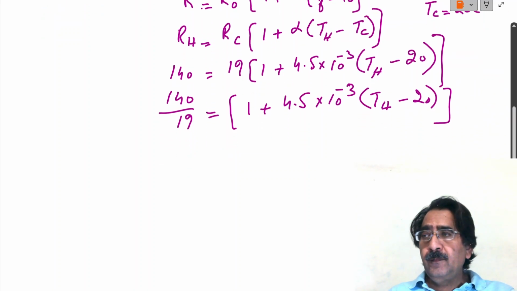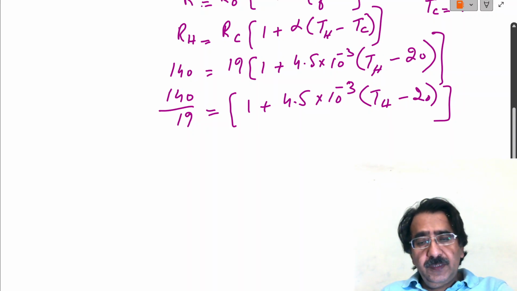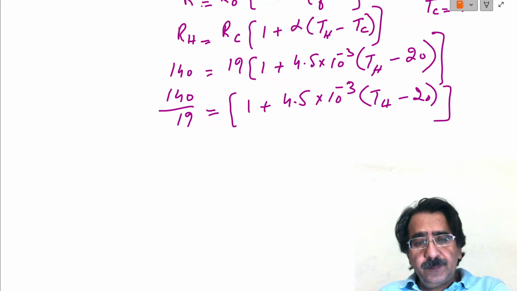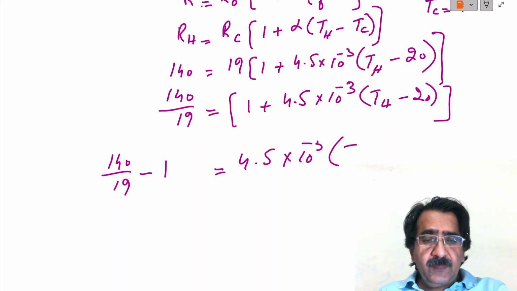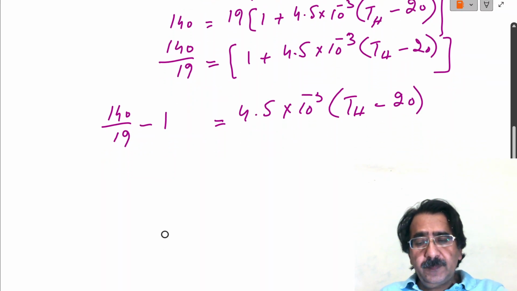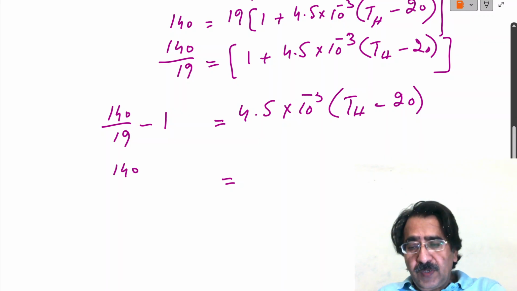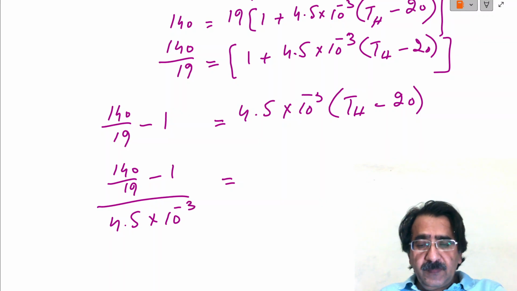After that, you may get 140 divided by 19 minus 1 equals 4.5 times 10 raised to power minus 3 times T hot minus 20.